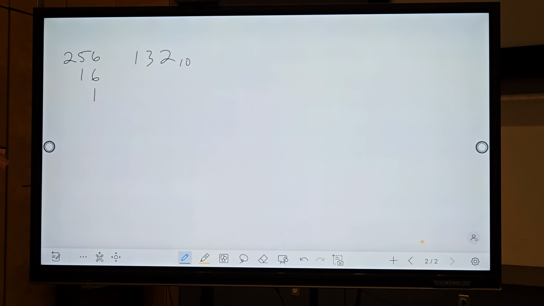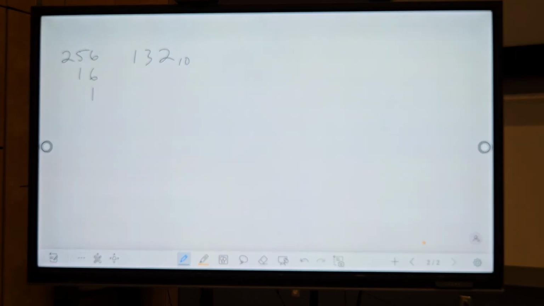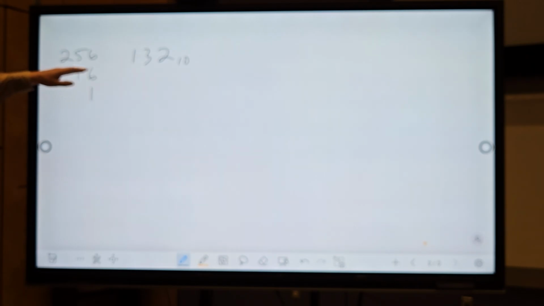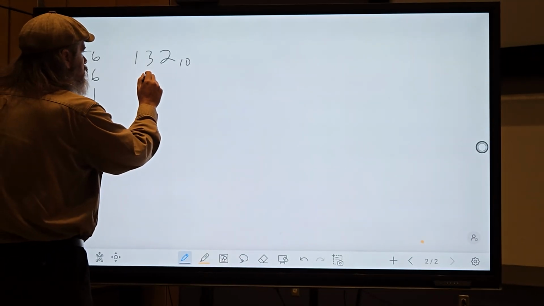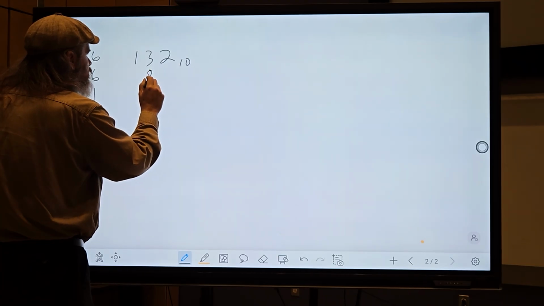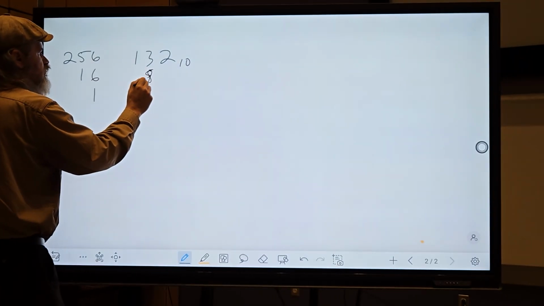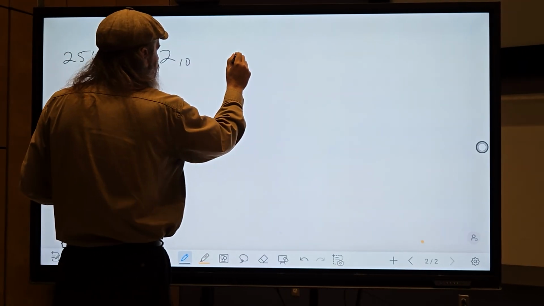So no 256s will go into 132. How many 16s will go into 132? 8? Is that right? Oh, okay. So you'd write an 8 over here.